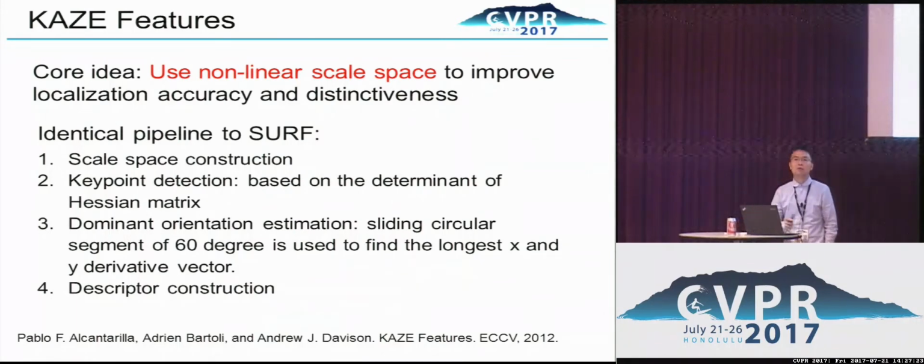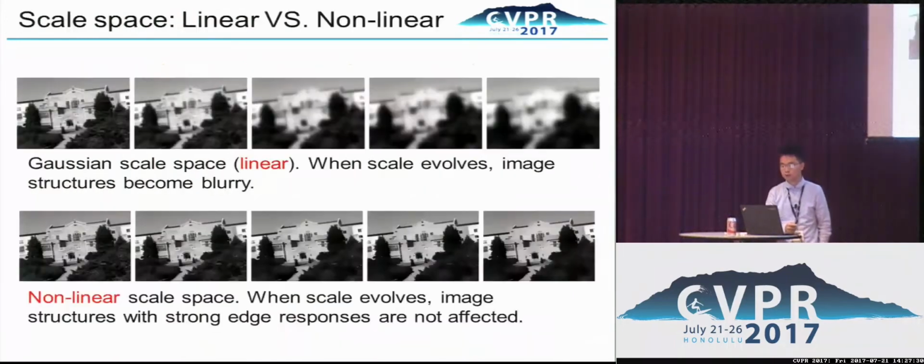At the core of a nonlinear scale space is a nonlinear diffusion filtering method applied to the image. Before introducing how to construct a specific nonlinear scale space, let's first look at an example of how images may look like in a Gaussian scale space and a nonlinear scale space, respectively. In the first row, it shows the images of a Gaussian scale space.